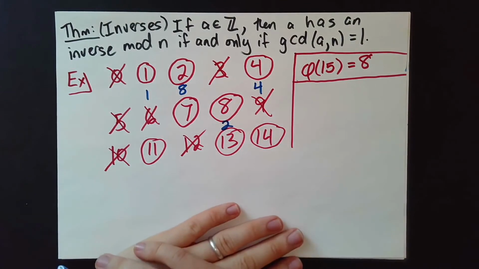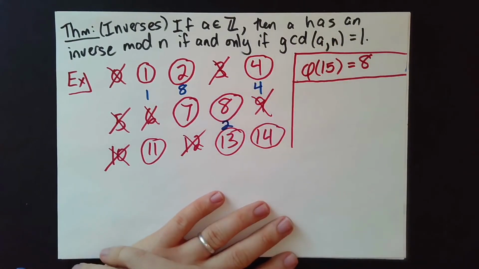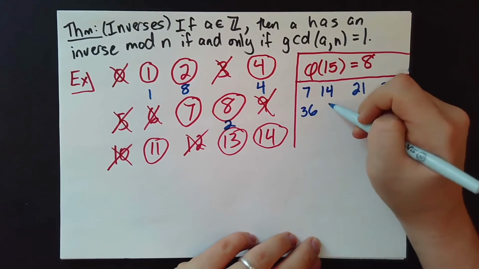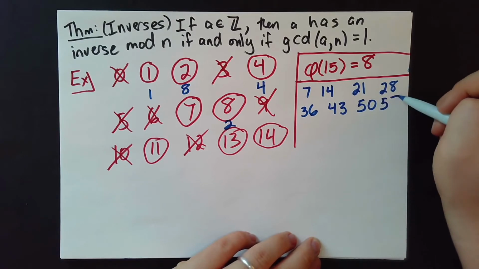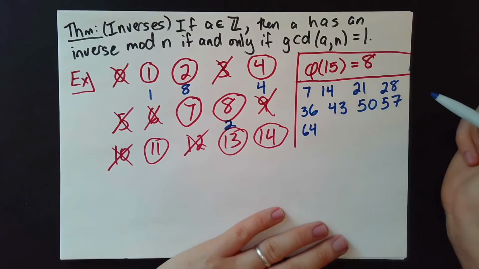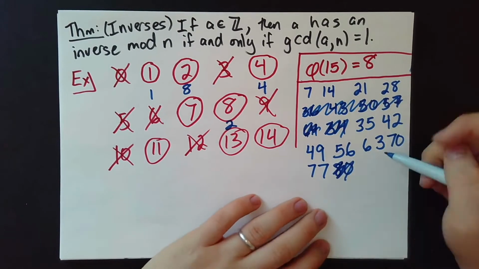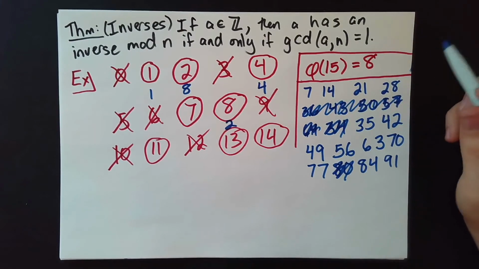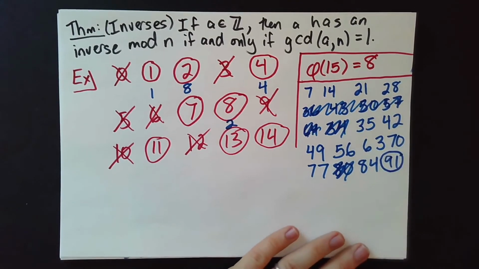Okay, so next up, what's the inverse of 7 going to be? Now, this one might take you a bit, but when you're doing this, what you're really doing is going through the list of multiples of 7, and what am I looking for? I'm looking for one of these multiples that is 1 more than a multiple of 15. And it would help an enormous amount if I wrote down the multiples of 7 correctly. Now, presumably you didn't make 16 errors trying to add multiples of 7 like I did, but 91 is the number I'm looking for.